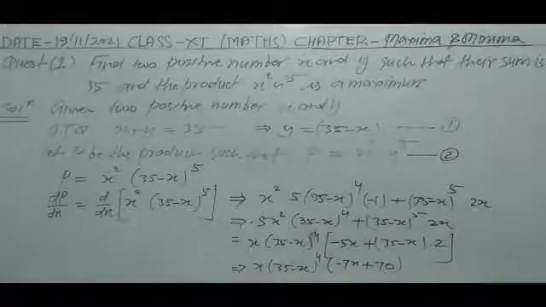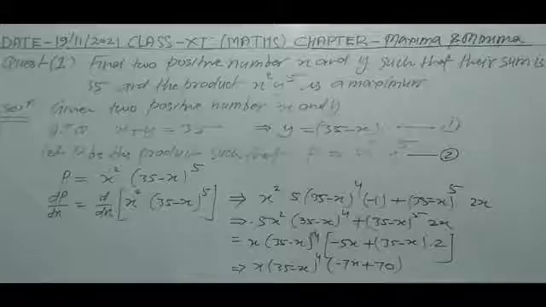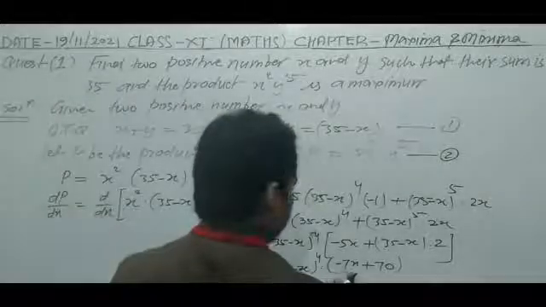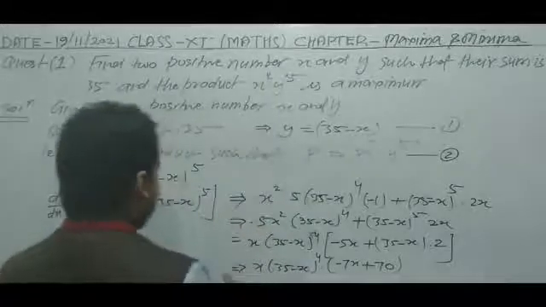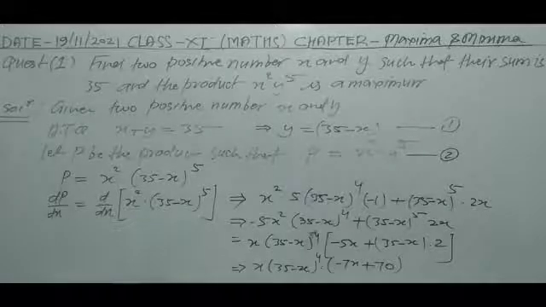When you equate this to 0, you can get its values: x is equal to 10 and x is equal to 35. Here you can get x is equal to 0 also.